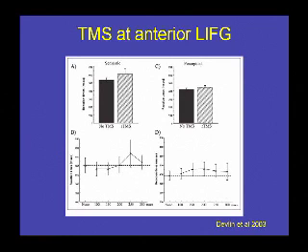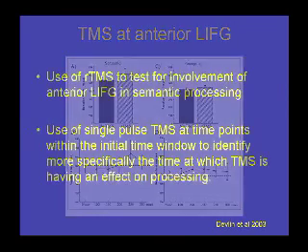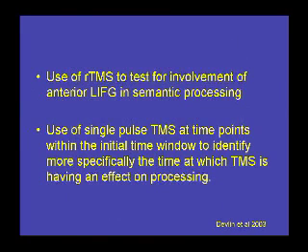And you can see that in B, for the semantic task, it looks like the effect is really happening around 250 milliseconds, whereas in D, there was no significant difference at any of those time points versus no TMS. Okay. So that's basically why I've shown this study, just an example of how you can refine the time window further.